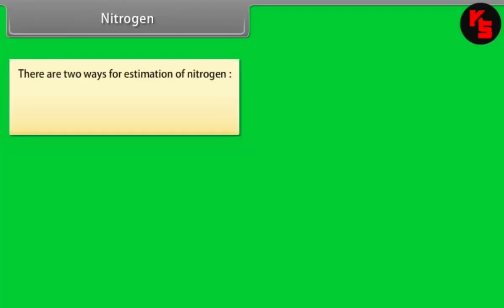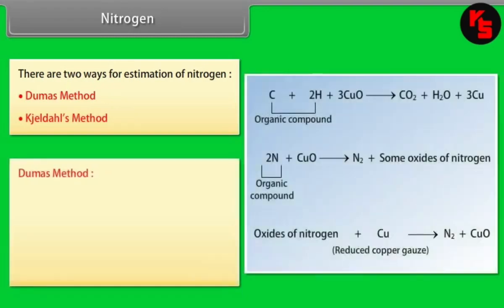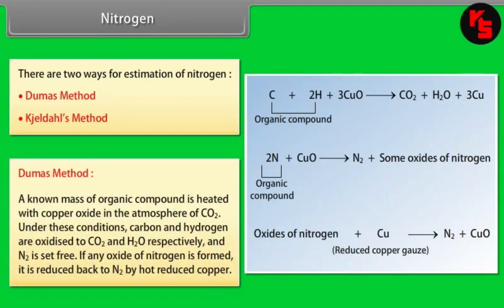Nitrogen. There are two ways for estimation of nitrogen: the Dumas method and Kjeldahl's method. Dumas method. A known mass of organic compound is heated with copper oxide in an atmosphere of carbon dioxide. Under these conditions, carbon and hydrogen are oxidized to carbon dioxide and water respectively, and nitrogen is set free.